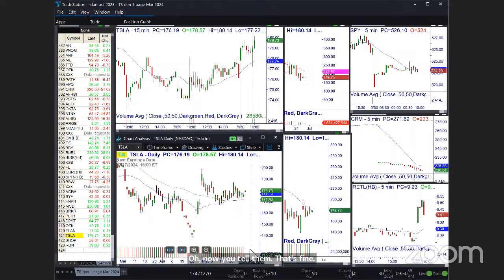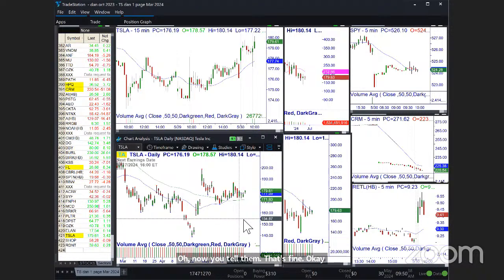It took out the high of three bars, so it's pretty good to do a third one.